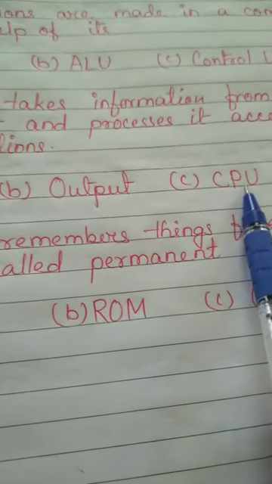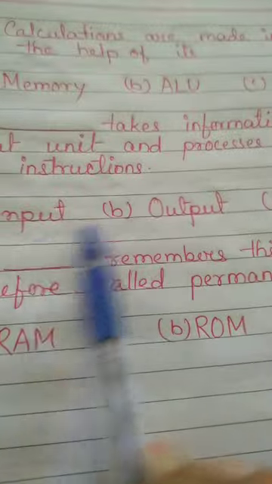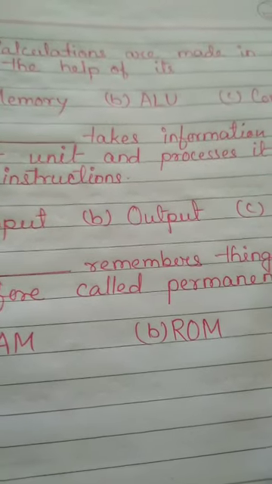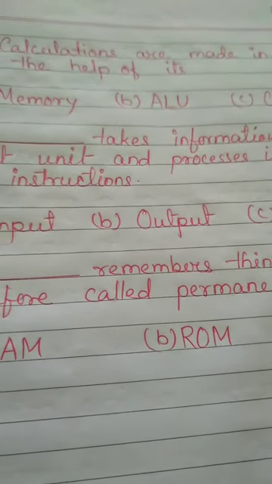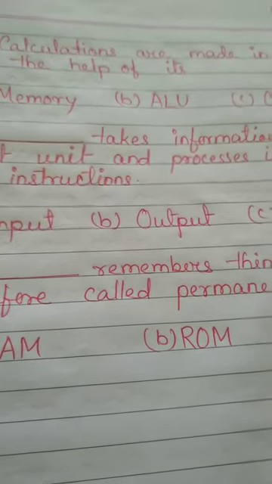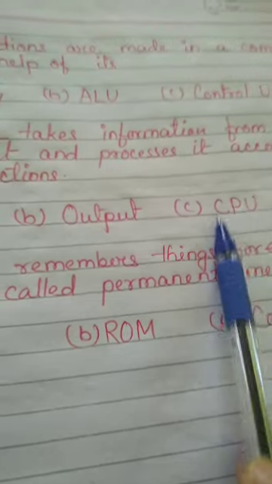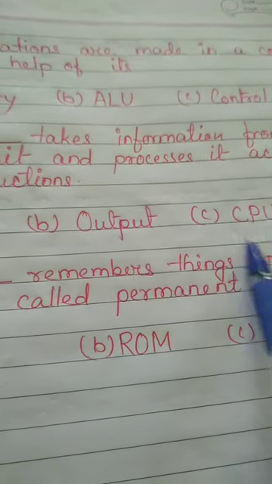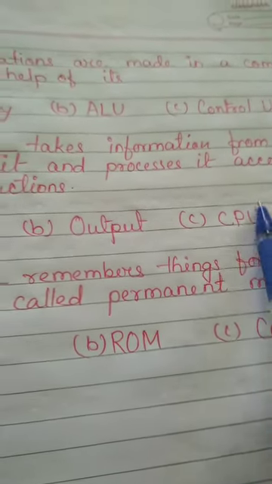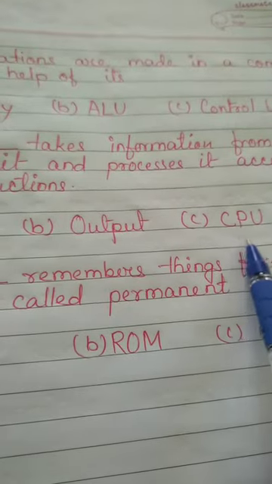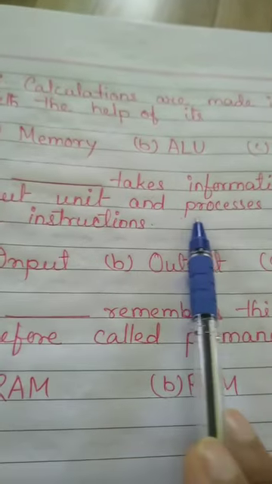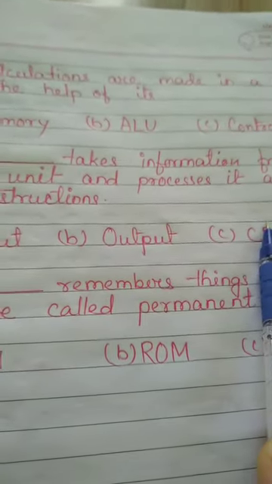Option C, CPU. Which one is the correct option? Who takes the information from the input unit and then processes it? Processing is done by CPU. Yes, CPU takes the information from the input unit and then processes it.